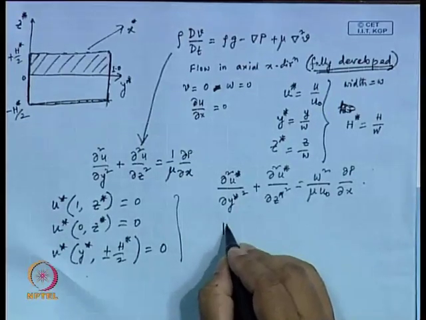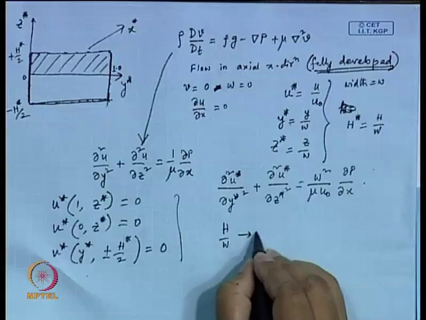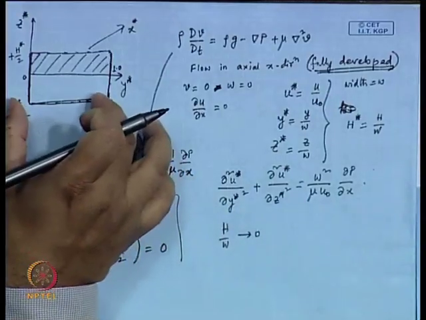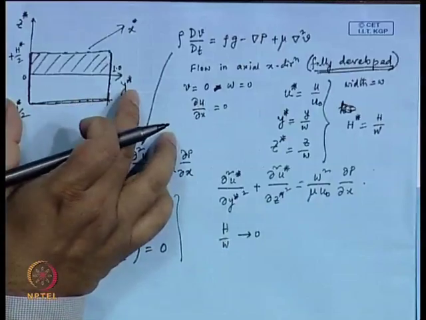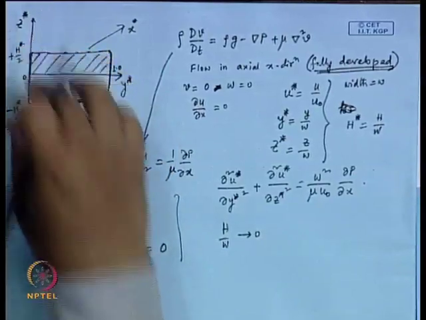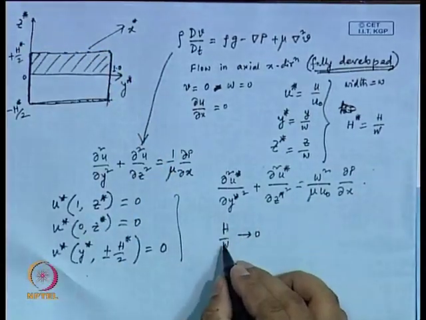If somebody says that H by W tends to 0, that means this channel is having a low aspect ratio, that means W is big, but H is small.